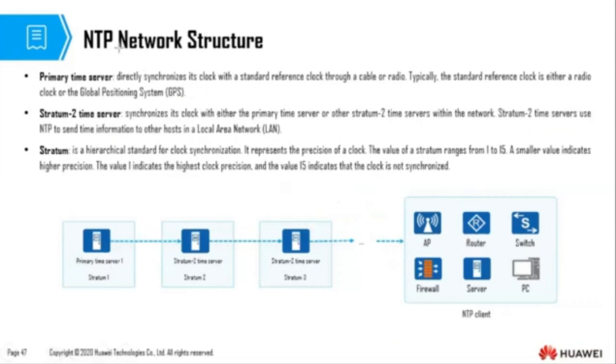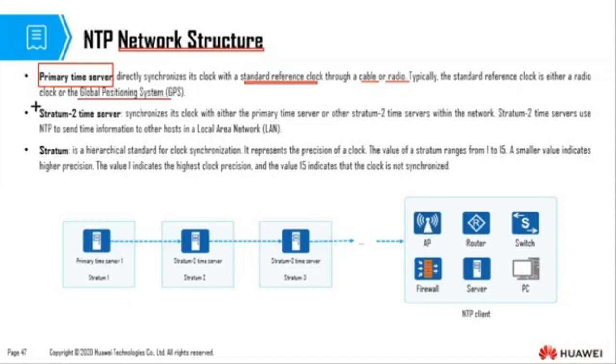So the structure of an NTP network: you might have the primary time server. The primary time server synchronizes its clock with the standard reference clock through a cable or radio. The standard reference clock normally uses radio or GPS, Global Positioning System, and therefore it's very accurate.